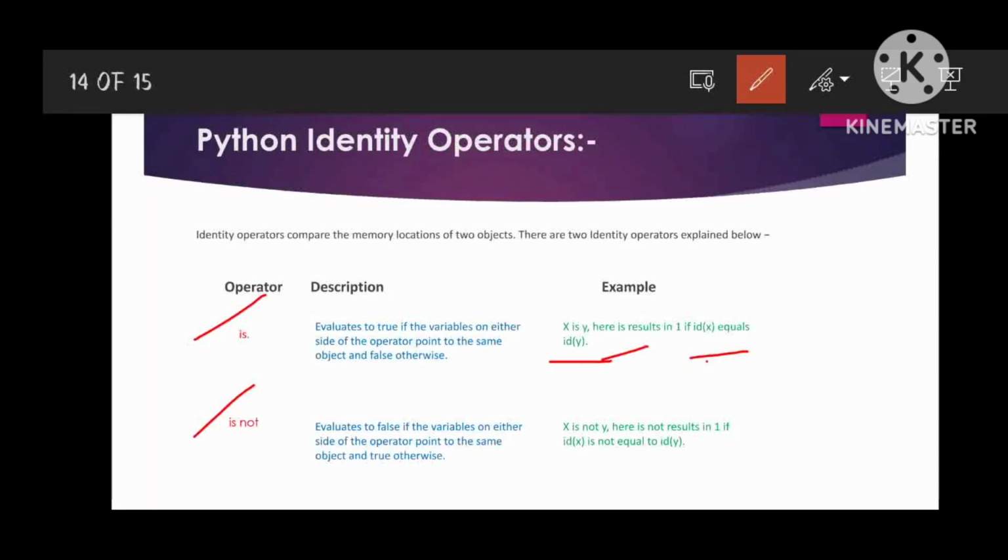For is not, if id of x is not equal to id of y, then it will print true. And these are the identity operators.